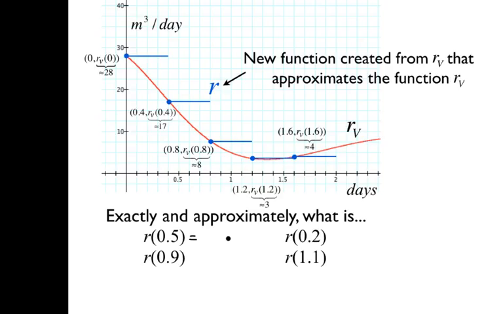Okay, so we'll just do the first one. You can talk. What is R of 0.5, expressed exactly? R sub V of 0.4. When you say R of 0.5, you're saying what is the y value of this point? R is the blue graph. So I'm asking what is the y coordinate of that point.